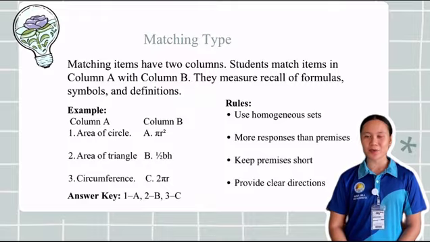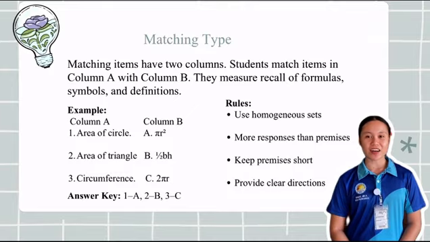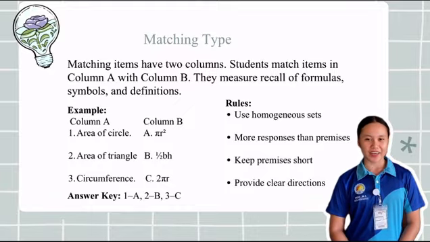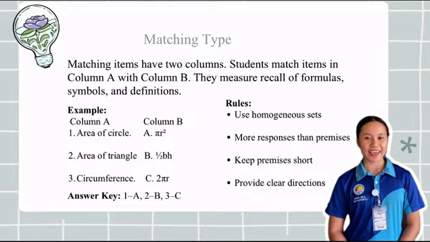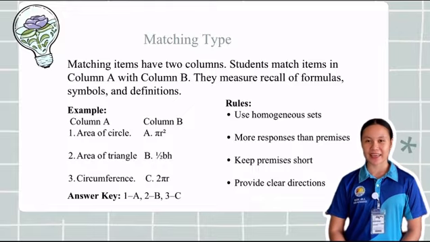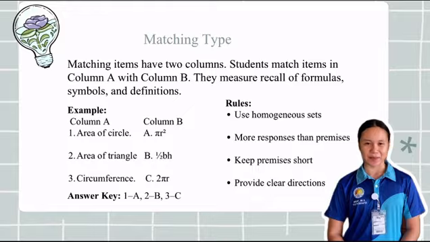In column B, we have A, pi r squared, B, 1/2 bh, and C, 2 pi r. So the answers are 1, A, 2, B, and 3, C.